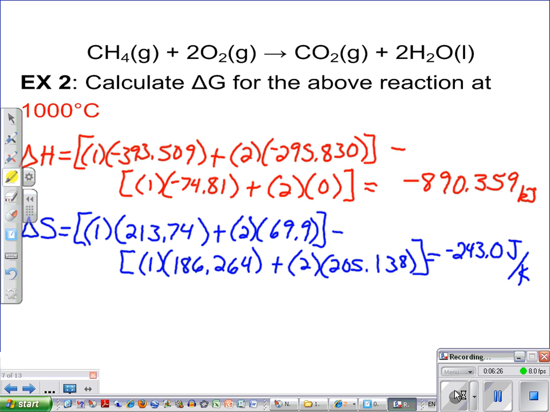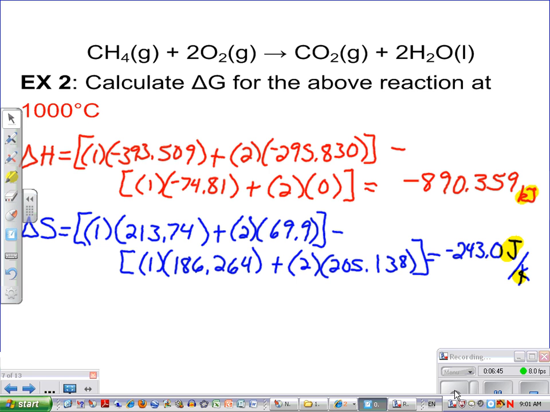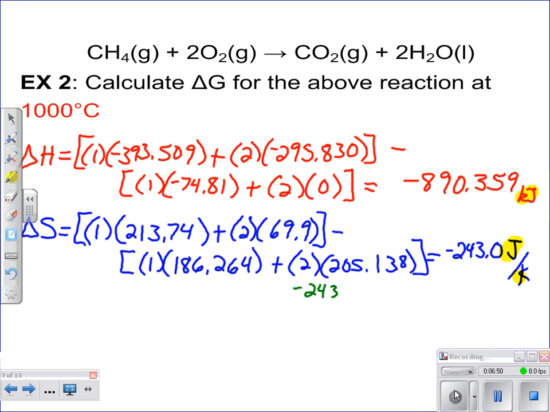All right, I went through the same process with my delta S, but now is what we need to really make note of. Notice that our delta H value is in kilojoules, our delta S is in joules per Kelvin. So we've got to do some conversions before we can plug it in. Let's make a note that this is going to equal negative 243.0 joules per Kelvin.